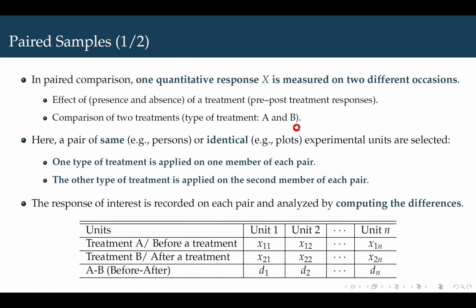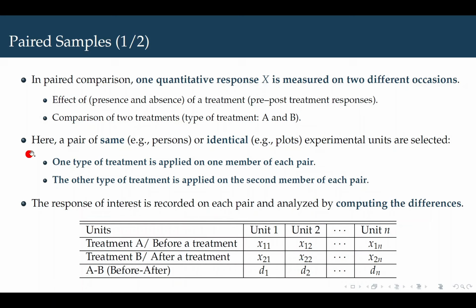Next, treatment B will be applied on the same experimental units, and the response of interest will again be recorded. So paired sample is applicable either for determining the effect of a particular treatment, or it can also be used for comparing two types of treatments, let's say treatment A and B, that are applied on the same or similar experimental units.